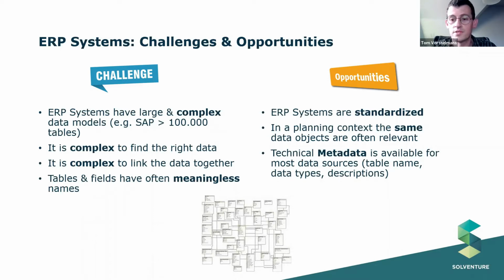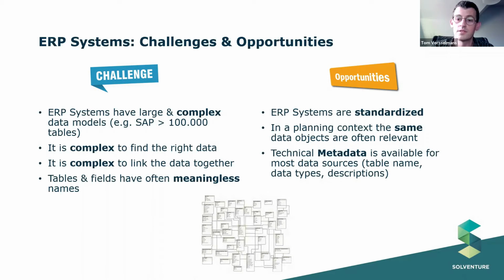ERP systems need to support a lot of business processes, so they're typically very large IT systems with very large and complex data models behind the scenes. For example, SAP has more than 100,000 tables. I believe the newest version, S/4HANA, even has more than 800,000 tables in the database. That makes it very complex to find the right data.